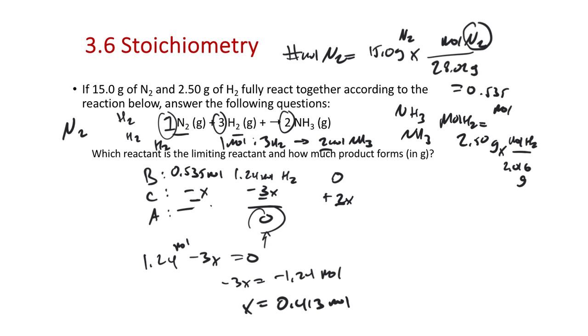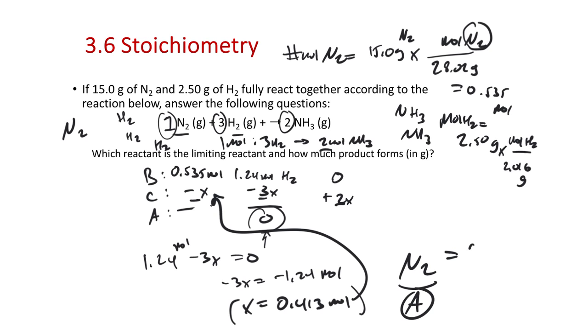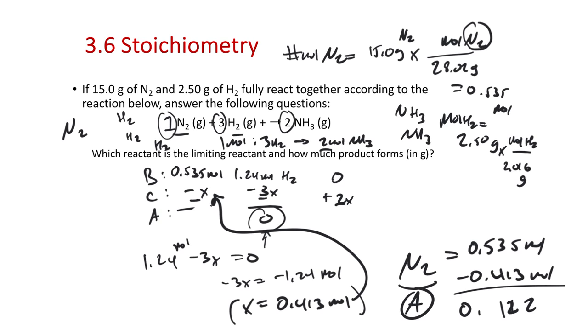And then when I take X over to my N2, if I want to calculate the N2 that remains, it's 0.535 minus X. So the N2 that remains after the reaction is equal to 0.535 moles minus 0.413 moles, and that's 0.122.